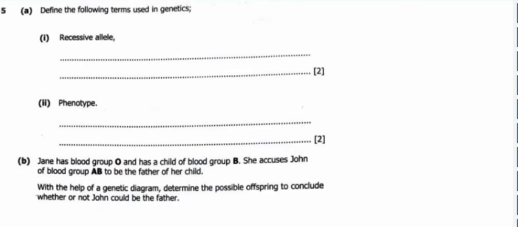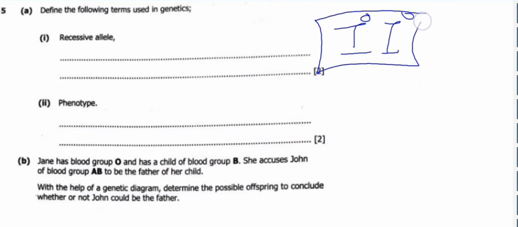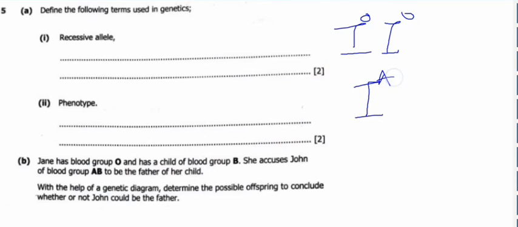To answer this question, what you need to know is that blood group O can only exist as homozygous recessive. That is how we represent homozygous recessive. Then as for blood group A, it can exist as homozygous dominant and heterozygous dominant.